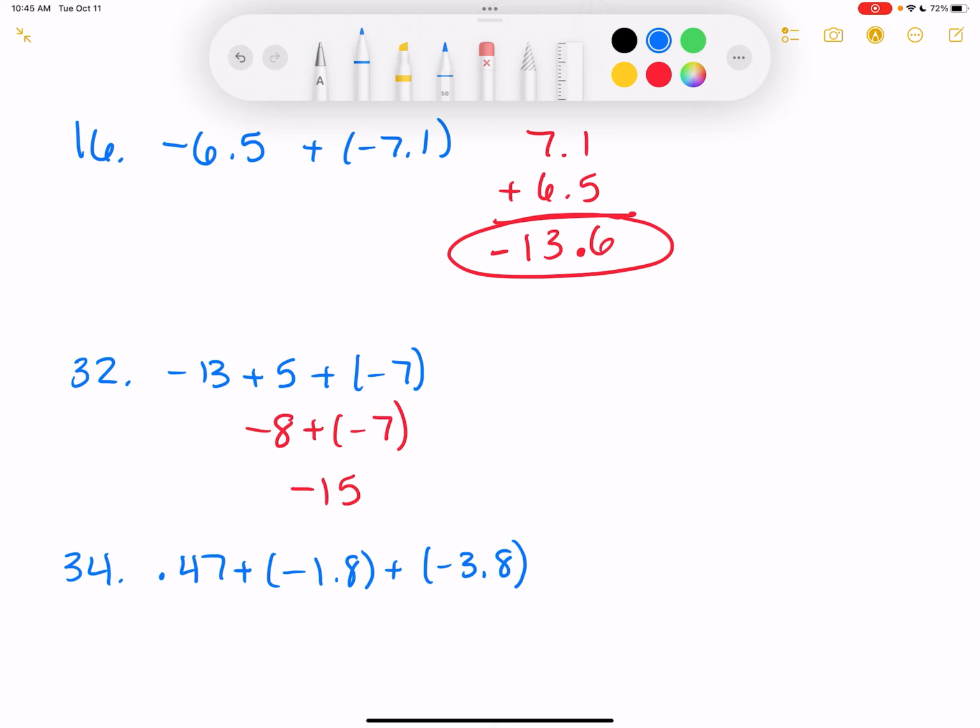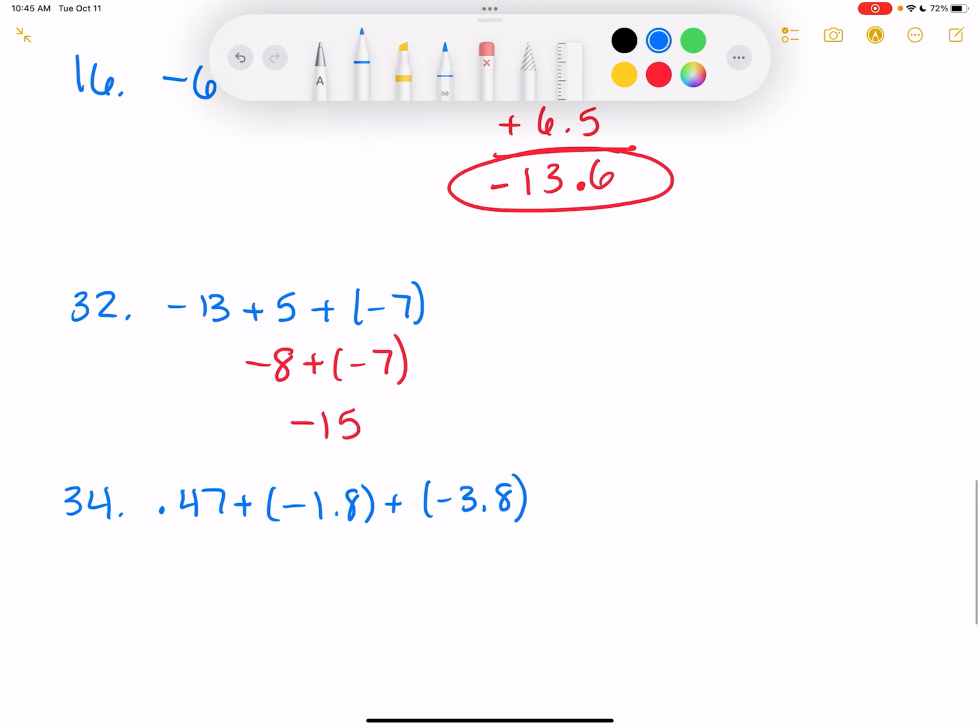So these have the same sign, so what does that mean that I do? Add and keep the sign. So we're going to have 1.8 plus 3.8, and we know that our answer is going to be negative, so I'm going to go ahead and put a negative sign down here. So 8 plus 8 is 16, so I put the 6 down and I carry the 1.